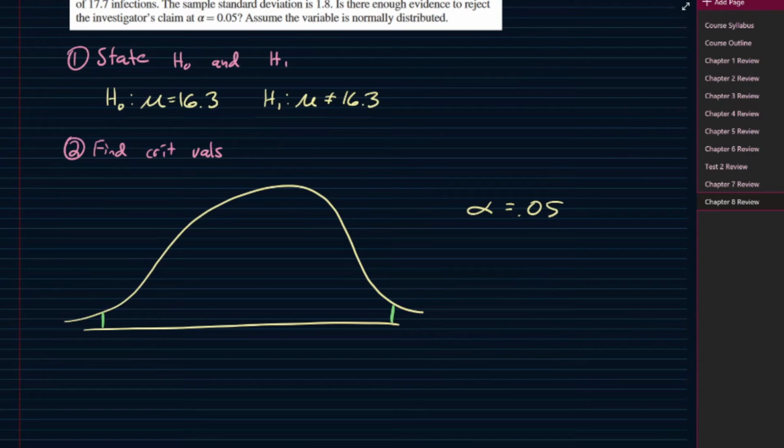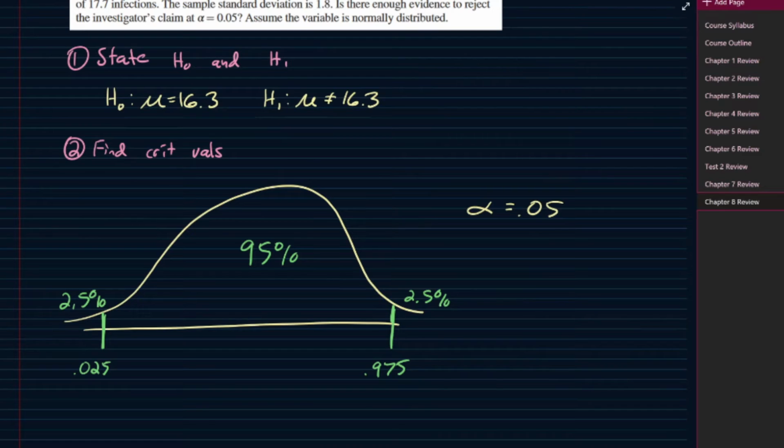So if the critical range should be equal to 5% of the data, the non-critical range would be the remaining 95%. If we've got 5% left to divvy up, this would be 2.5% of the data, and this would be 2.5% of the data. To look this number up, we want to look up the area closest to 0.025. To this one, we want to look up 0.975.